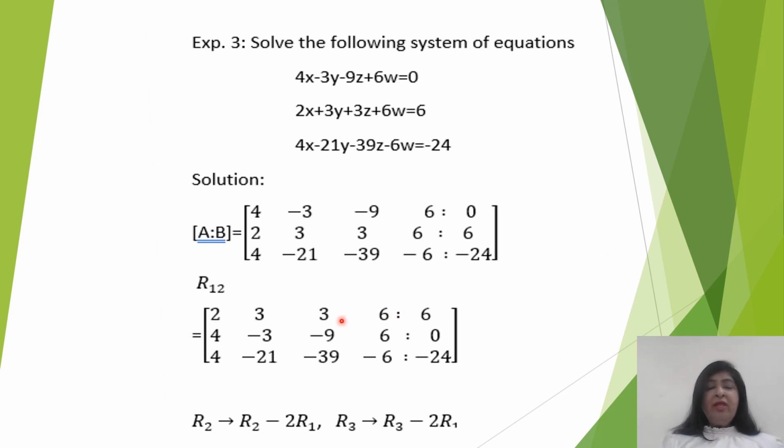Clear? Then with the help of this, I want to make these entries 0. So what it becomes? R2 minus 2R1. It will make 0 over here. Then R3 minus 2R1. It will again make 0 over here. So we will apply these two operations.